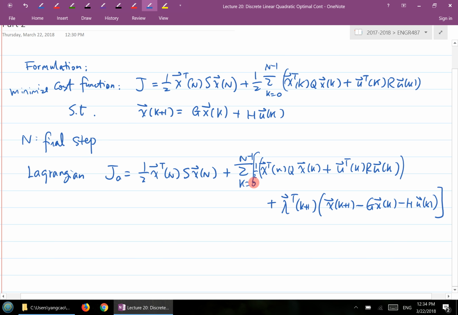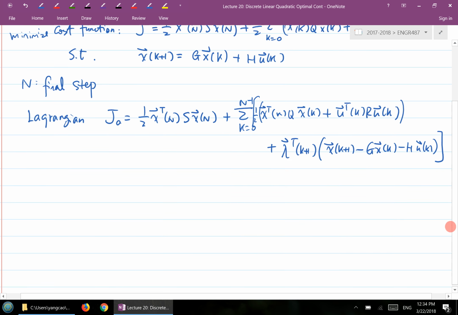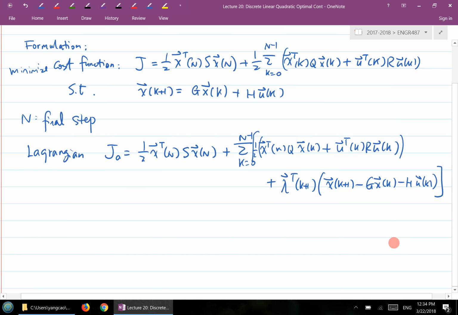A bigger bracket includes everything. So the original constrained problem can be simplified into an unconstrained problem for this function JA. Now we just need to find the critical values, or stationary point, for this JA such that it's a minimum.